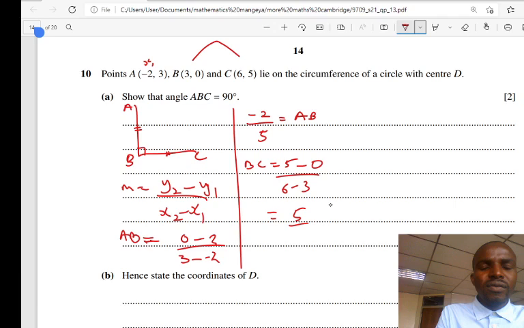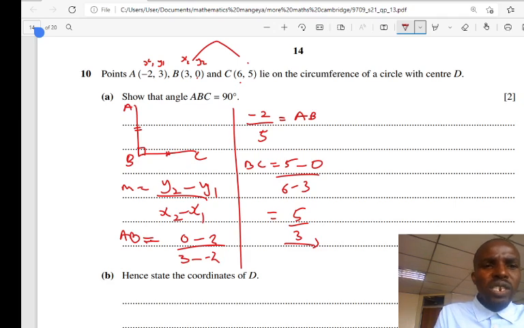So on AB, this one is x1, y1, x2, y2. Right, y2 is 0 minus 3 over 3 minus 2, which is over 5. Then on this one, 5 minus 0 over 6 minus 3. That's for BC. Right? So it's 5 over 3.